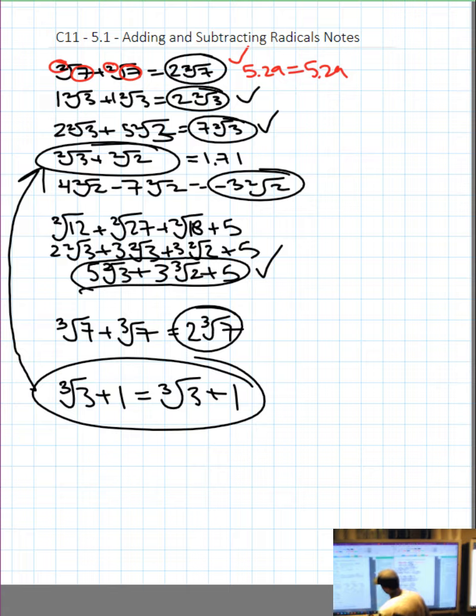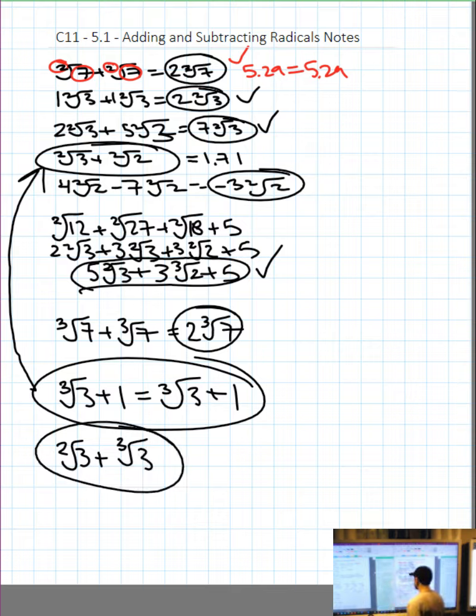Or, not in the notes, interestingly, let's go down below. The square root of 3 plus the cube root of 3. We can't do either. Well, we actually can do it with exponent laws. Let's do it quickly. 3 to the 1/2 plus 3 to the 1/2.